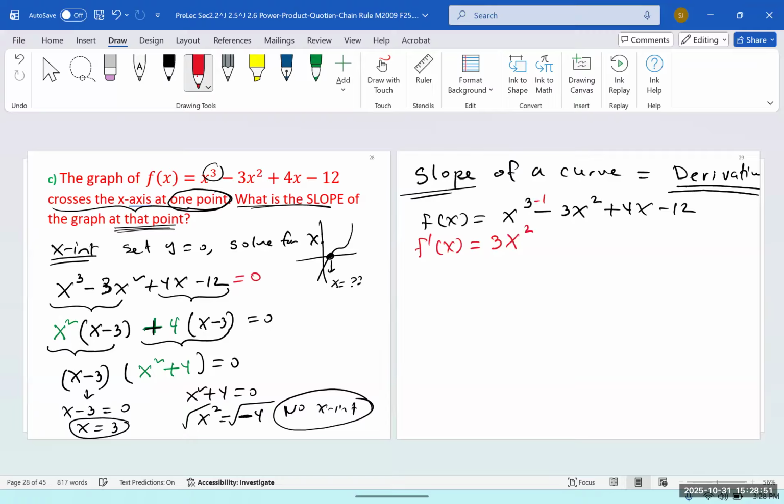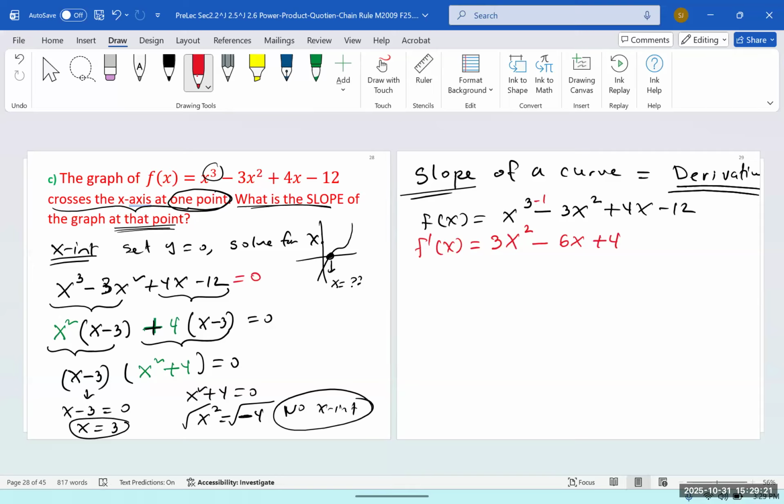So it's 3x squared. Minus, what's the derivative for 3x squared? 6x. What's the derivative for 4x? 4. So we found the derivative.